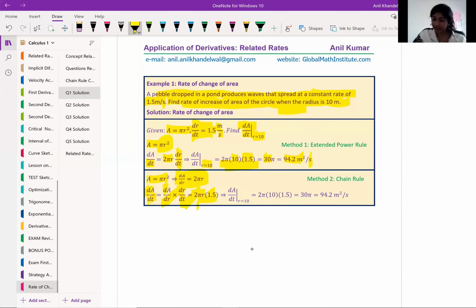Right? Clear? Okay. So the second approach is very simple, and that is once you have all the relations, don't bother to mix them up. Just individually, A is related with r, dA/dr. r is related with height, dr/dh. Height is related with time, dh/dt.